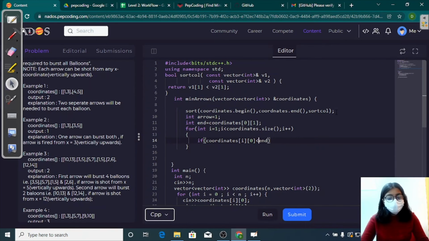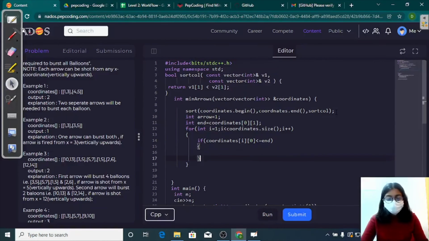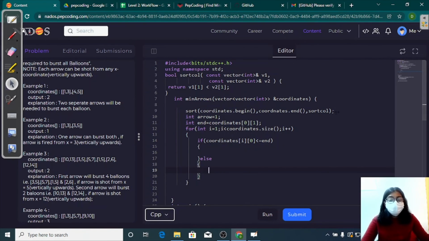It means we don't have to do anything. It means we are working with the same arrow, right? Else, if the starting point of my current balloon is greater than my end point, it means in my else condition, what am I going to do?